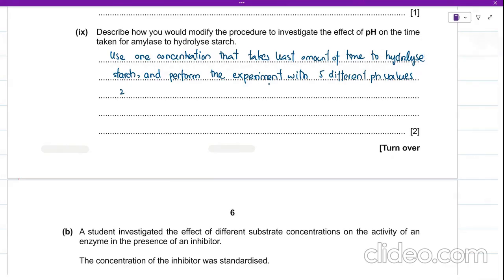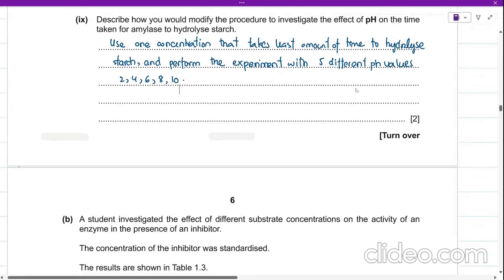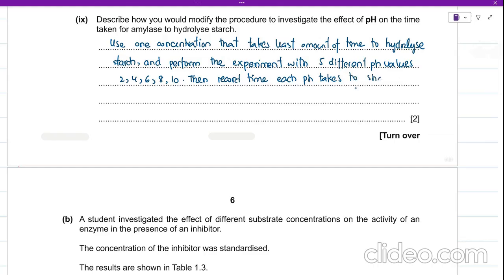It can be 2, 4, 6, 8, and also 10. So this is how you are going to investigate the effect of pH on the time taken for the amylase to hydrolyze. And then record the time each pH takes to show color change.